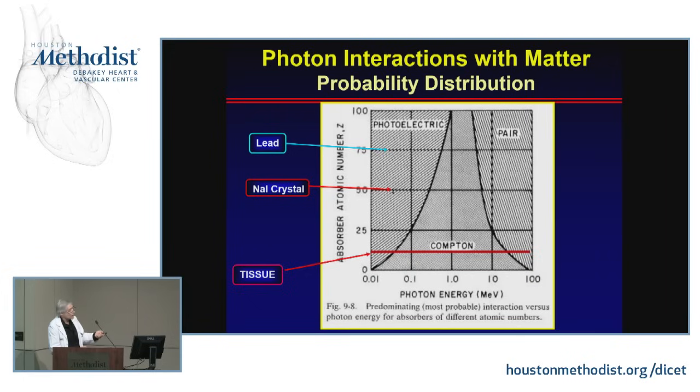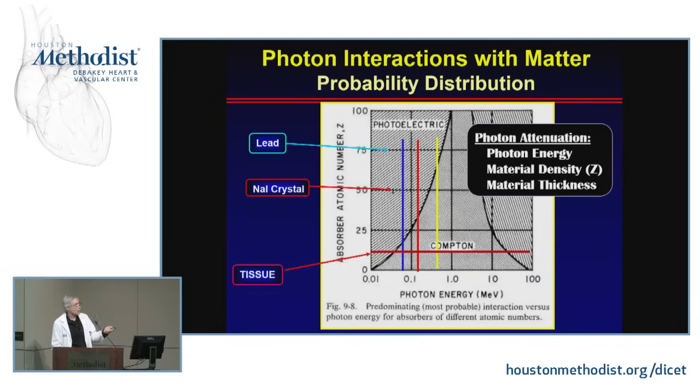In sodium iodide, you have primarily photoelectric effect, and that's certainly true in lead. Remember, lead is going to absorb all that energy, right? And it's not going to get through. And it's important to remember that thallium, obviously, with its lowest energy, has the most likelihood of having just plain Compton scattering in tissue, okay?